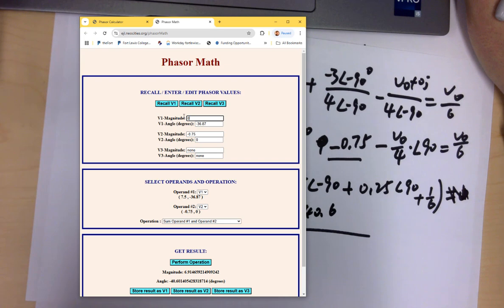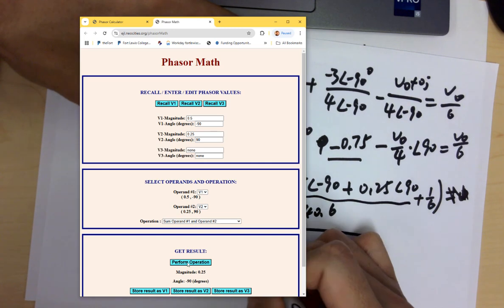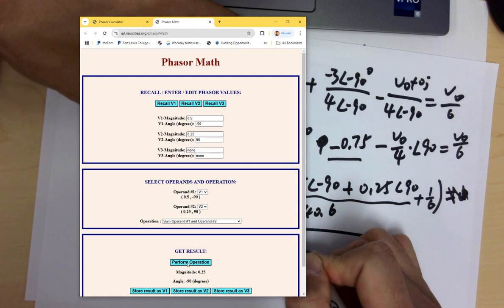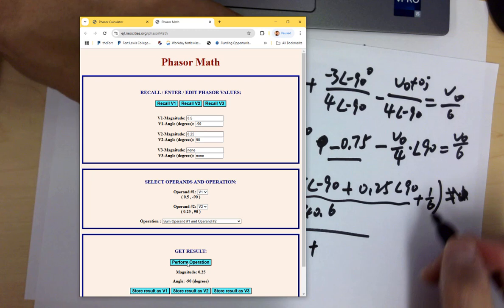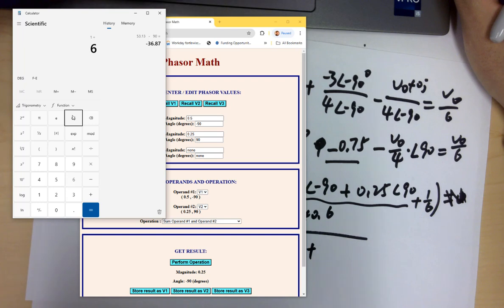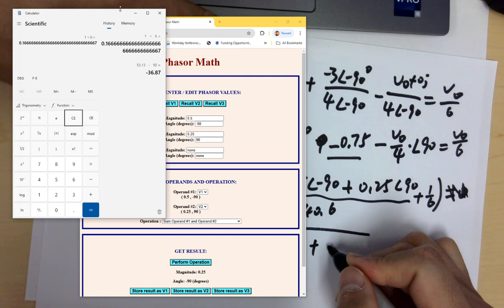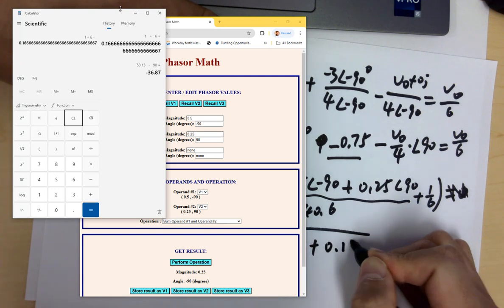We have 0.5, the angle is minus 90, here is 0.25, and the angle is 90. And do a sum first. Okay, so for these two, we're getting 0.25 and minus 90 degrees. And then plus this one, so 1 over 6, sorry. 1 over 6 is 0.167, for example.